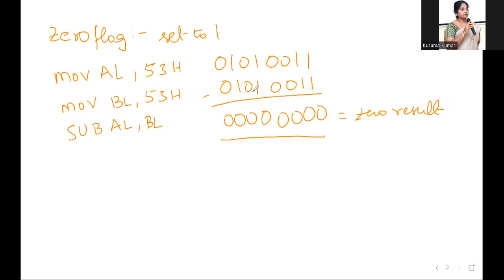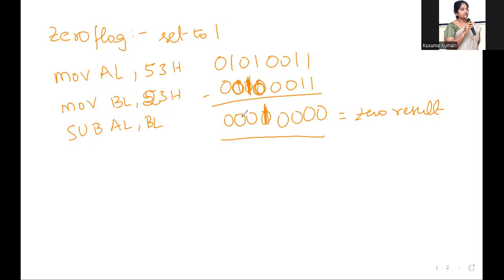If the result is a non-zero result, for example, here it is 23 hexa, so 2 means this position is 1, 3 is 0011. 1 minus 0 is 1, and 0 minus 1 is 1.